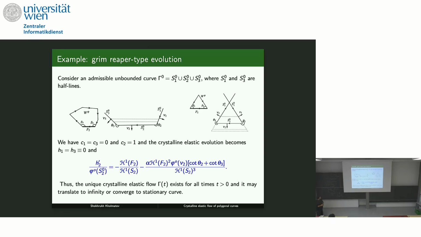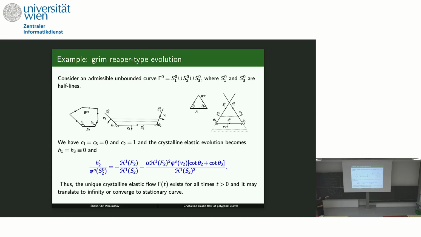On the other hand, suppose that my half lines intersect. In this case, my cotangents, both of them are negative, and so I get a positive sign here, and I can compute the finite length of S0, for which the flow is stationary, it doesn't move.